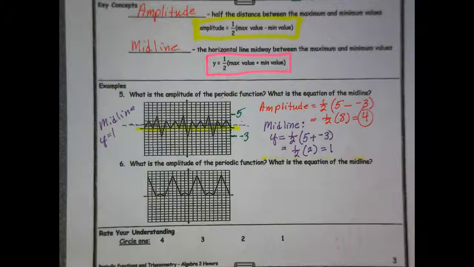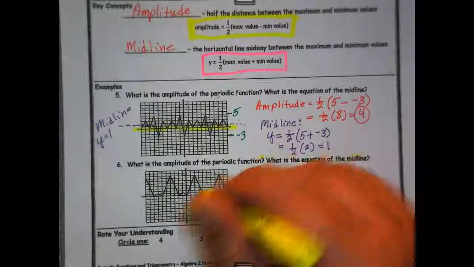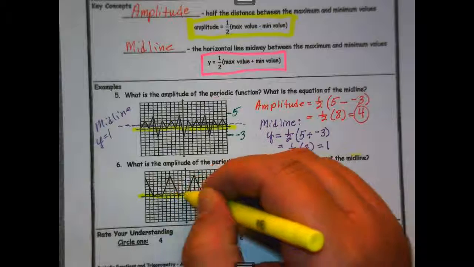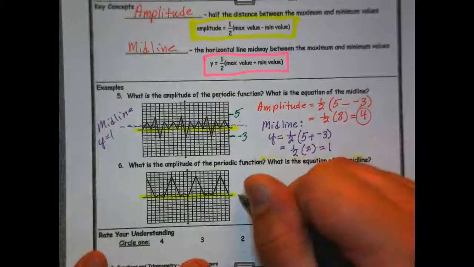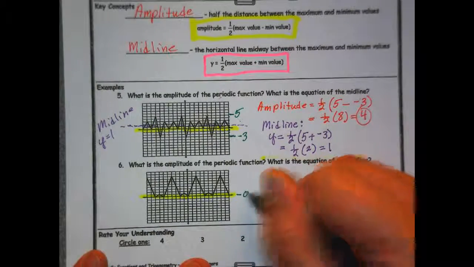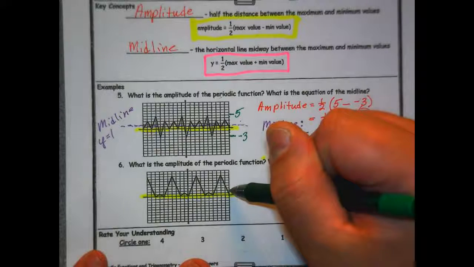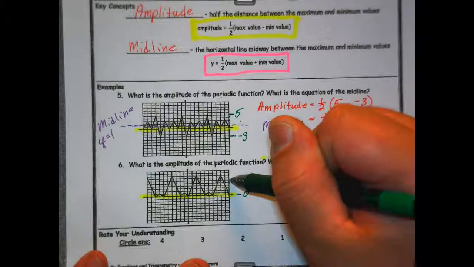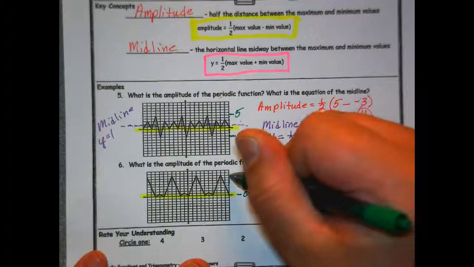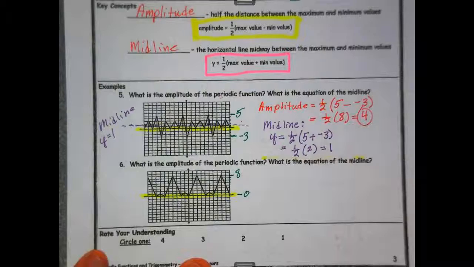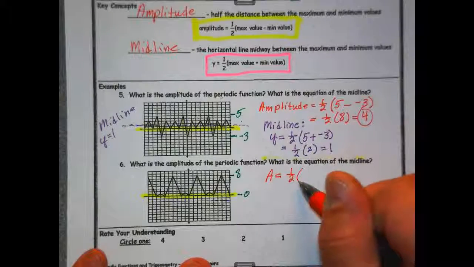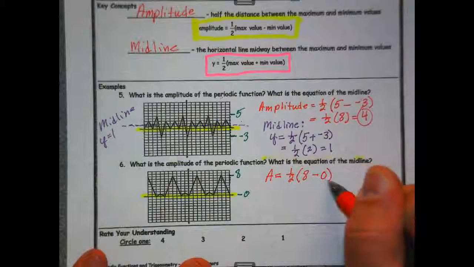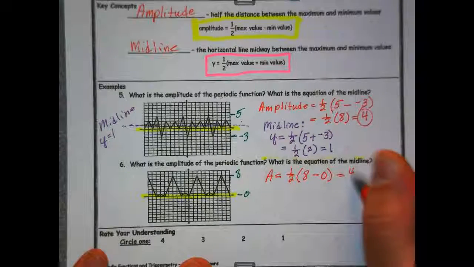Should we do it again? Sure, let's do it again. See my x-axis here. My min is right at the x-axis, so 0. And the max, 1, 2, 3, 4, 5, 6, 7, 8. The amplitude is 1/2 max minus min. Half of 8 is 4.